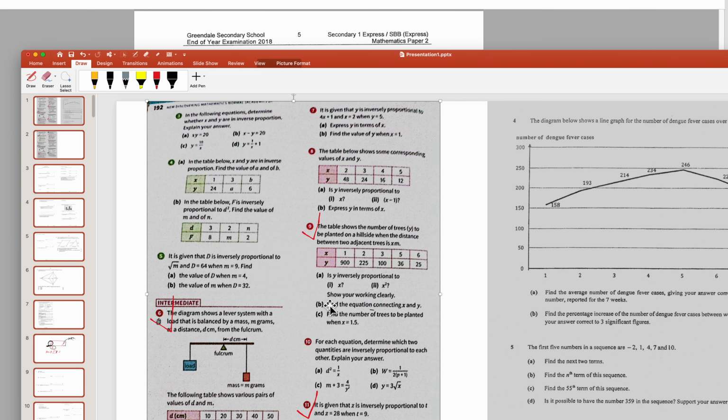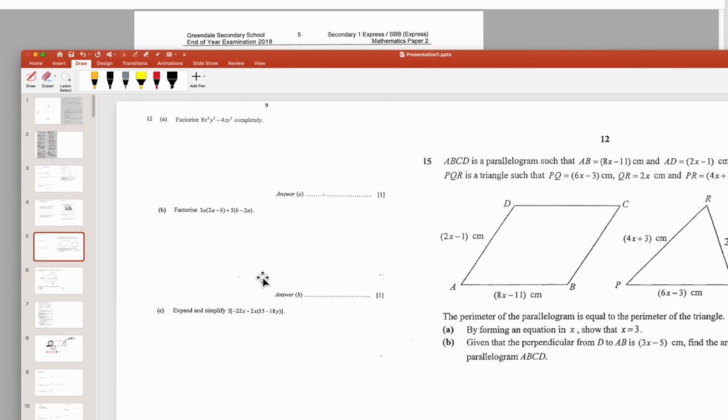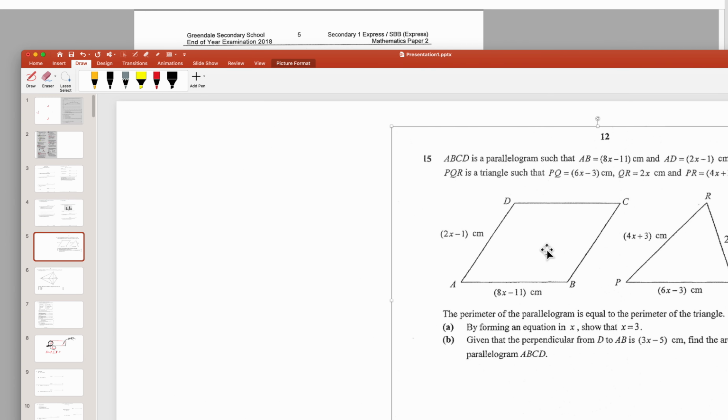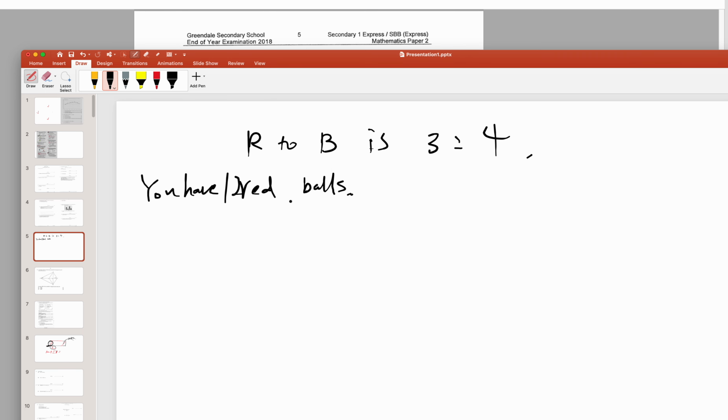So let's say they give you red to blue ratio is 3 to 4, and you have 12 red balls.